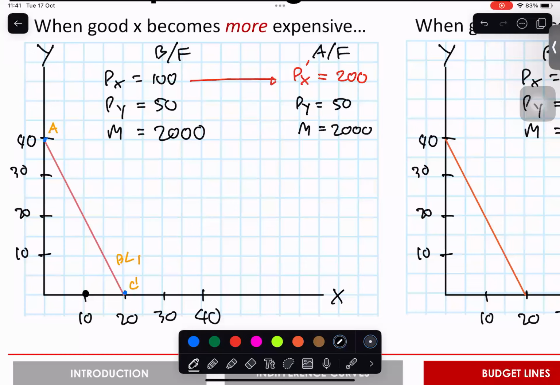The new budget line comes. Here, his budget line swings inward from AC to AC prime. Or you can say from BL1 to BL2.